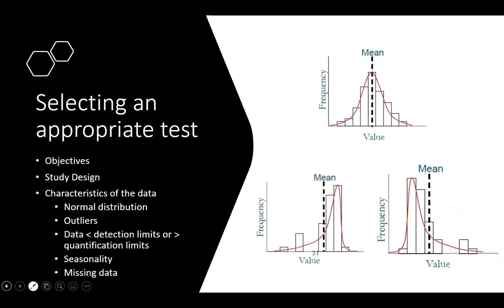Something I should have mentioned earlier, but I'll mention it now. Okay, why don't we report data as 0? We simply don't know if it is 0.